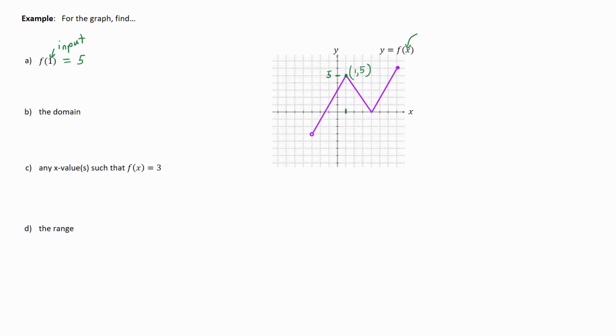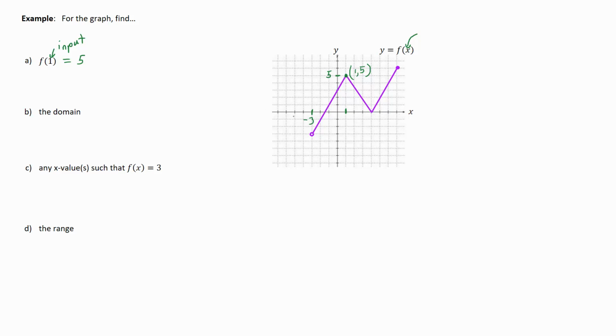So the domain, remember, domain values appear on the horizontal axis, the x-axis in this case. And so this graph appears to go from x equals -3, well, maybe not quite -3 because of that open circle right there. So it goes all the way from maybe almost this point, which is at -3, all the way to the right, maybe to this point, which is at, I think, 7. 1, 2, 3, 4, 5, 6, 7.